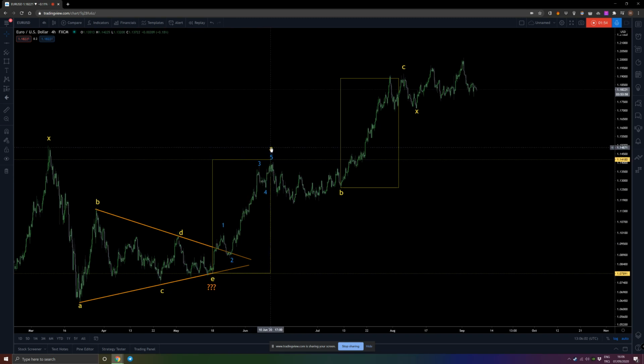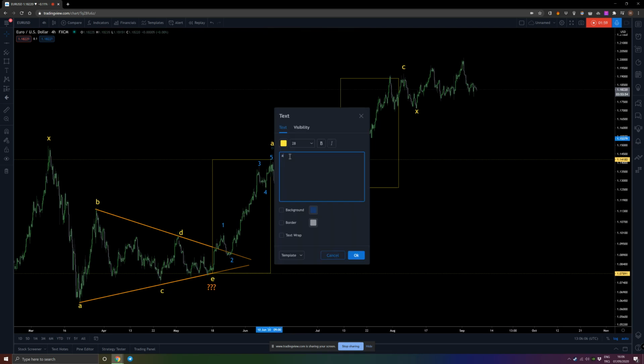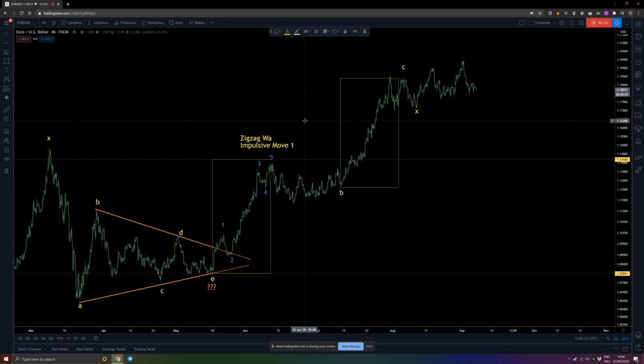If this is an impulsive wave on the bigger degree, either wave A ends a zigzag, so we should think like this, zigzag wave A can be the case, or it can be the impulsive move, which can be 1. Okay, these are my options.